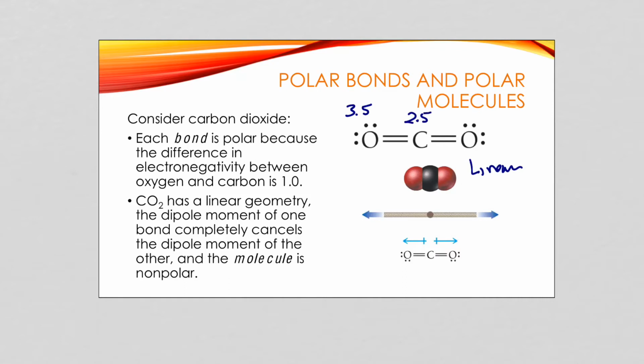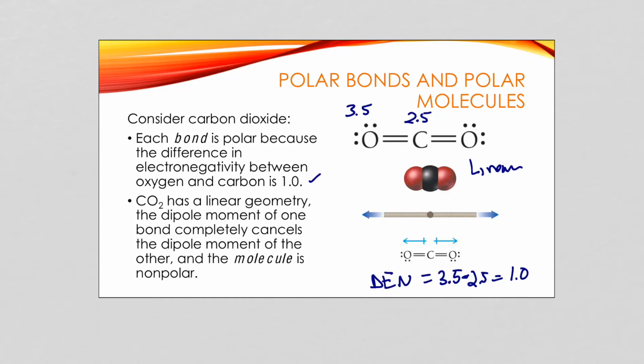So the difference in electronegativity for each of these bonds is going to be 3.5 minus 2.5, or 1. So clearly these fall into the range of a polar bond.